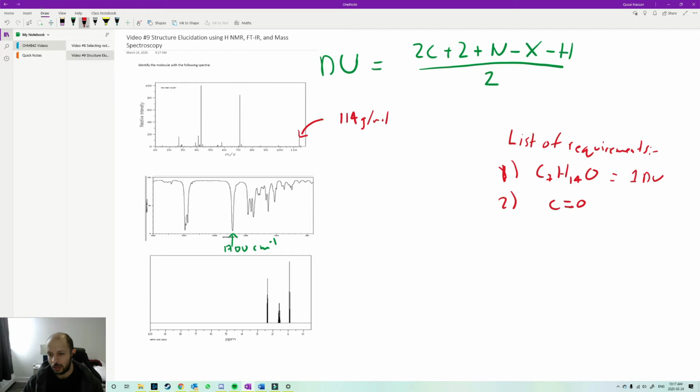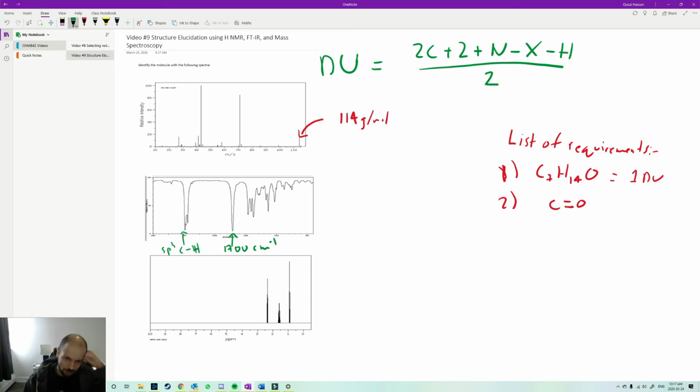So let me look again at the IR. I see here there's a peak at around 3000. That just means you have an sp3 C-H. Nothing special. It is useful information, but that was somewhat assumed because we only had 1 degree of unsaturation and we had 14 hydrogens.